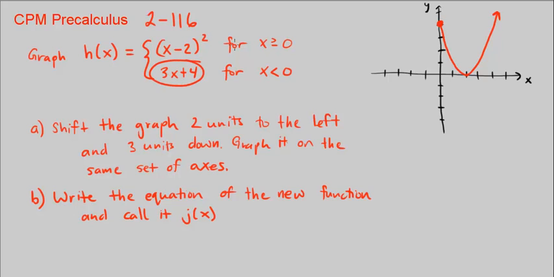It's a line with the slope of 3, so it's going up 3 over 1. From this point, it went up 3 over 1, and we're only graphing it to the left of 0. So it's going to be going like this, a straight line.